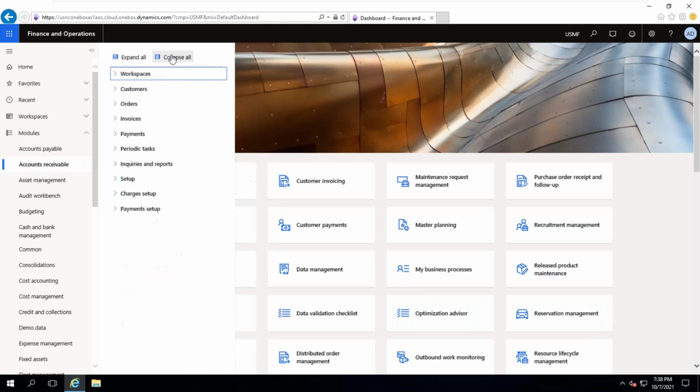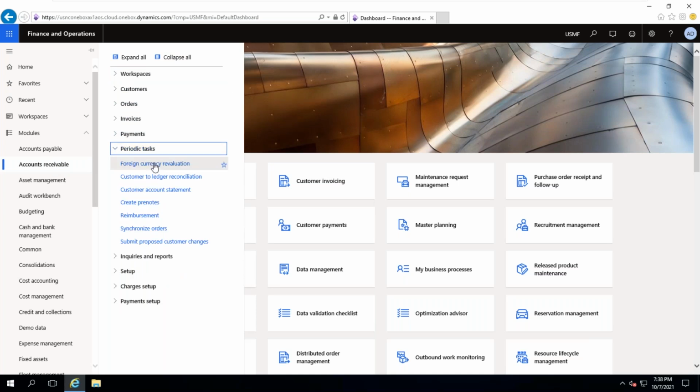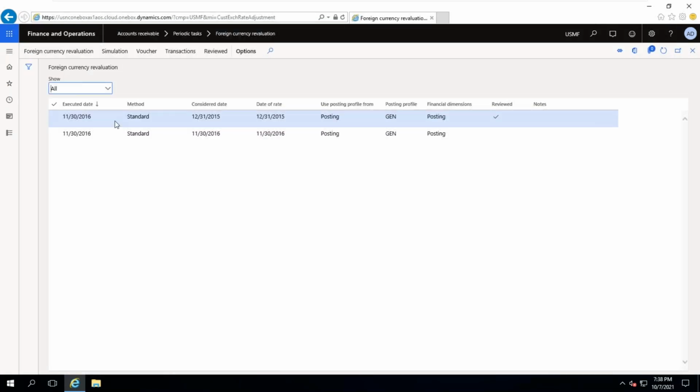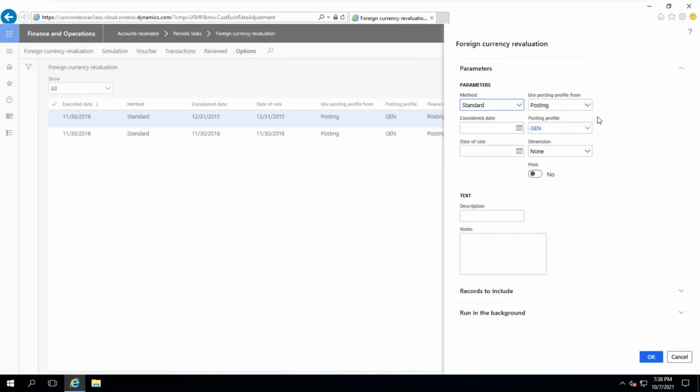Now let me show you AR foreign currency revaluation. So periodic tasks, foreign currency revaluation, it is the same. You can click on new foreign currency revaluation and you can execute.